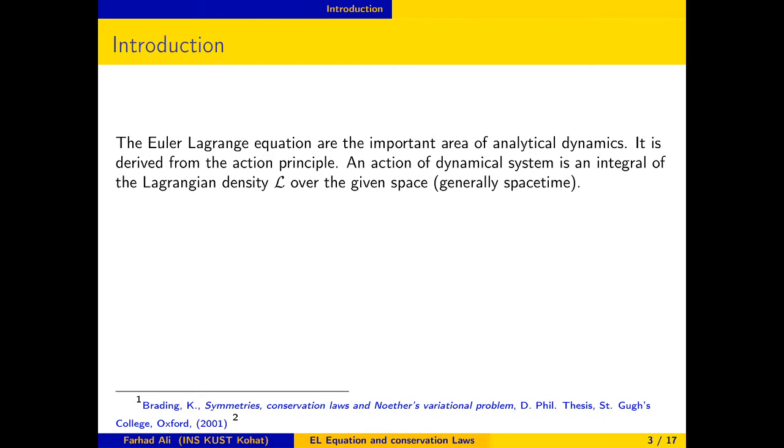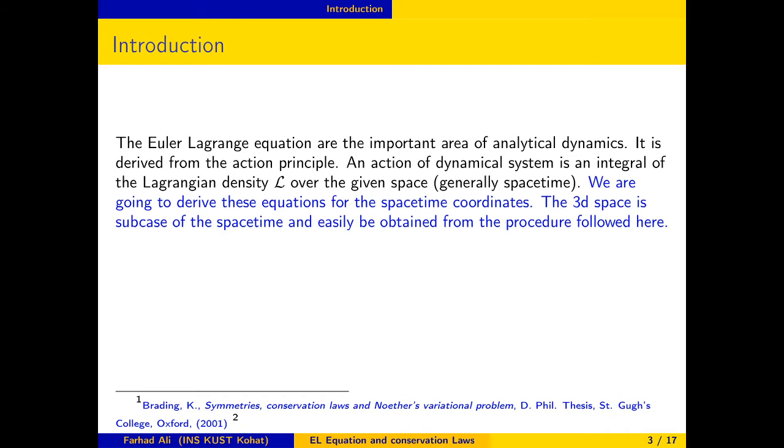Action is an integral over the Lagrangian density. Define a Lagrangian for the dynamical system and integrate over the given spacetime, and that will give us an action, and we derive the Euler Lagrange equation from the variation of that action.